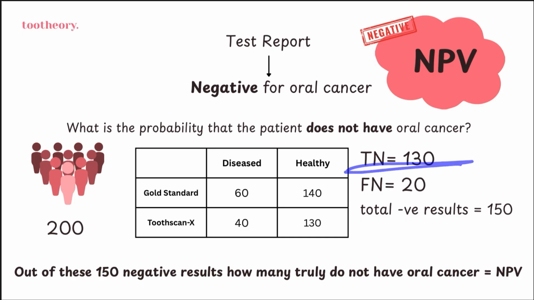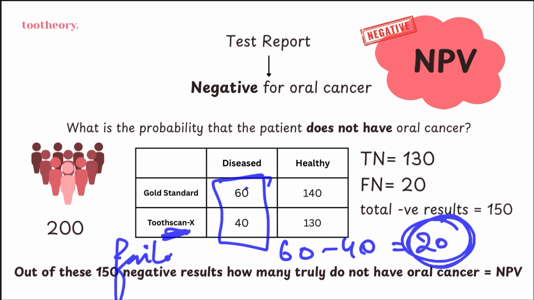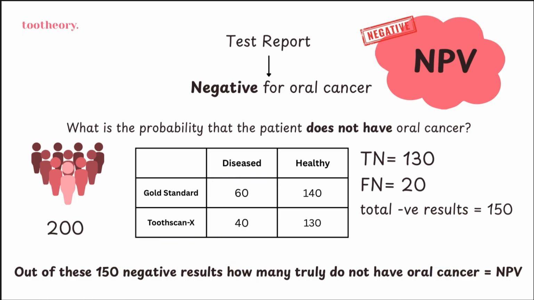And talking about the other side of negative, which is the false negative, how we will calculate that would be 60 minus 40, which is 20 people that this test failed to identify as diseased. So these are the 20 people that the test did not identify, and they would be false negatives because they're actually positive, but the test says that they're negative.